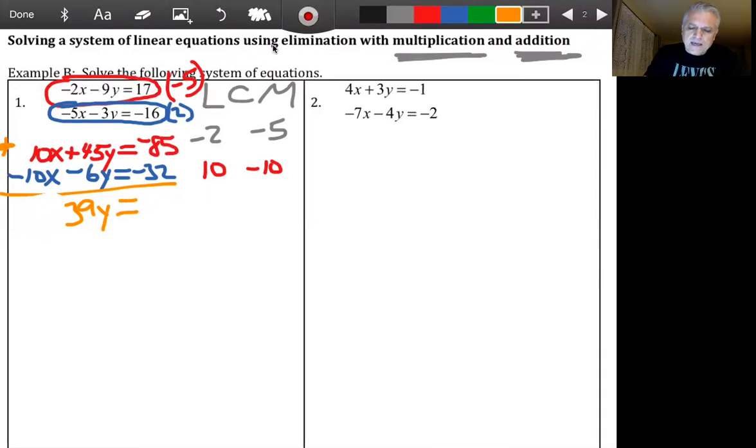And then finally, negative 85 plus negative 32 gives you negative 117. Cool beans. Okay, 39y equals something. Well, let's do our one-step algebra. Divide both sides of the equation by 39.